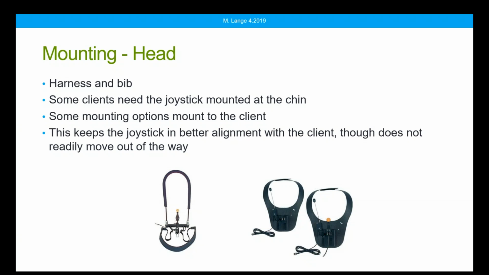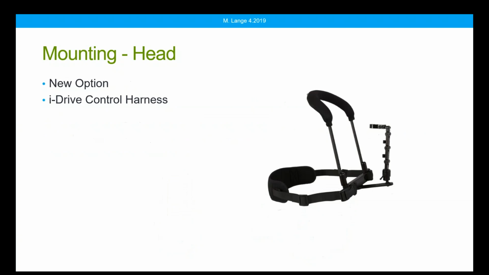The angle of the joystick might be different from person to person. So it's important to make sure we have adequate adjustment for that individual to get the joystick in the right placement. These harnesses and bibs, for the most part, can accommodate most of the mini proportional joysticks that are available on the market.